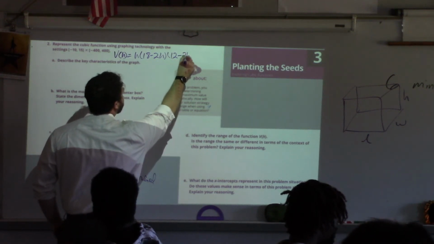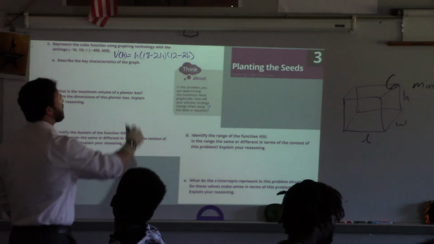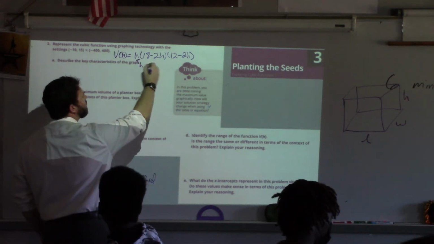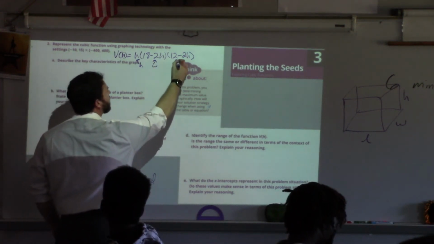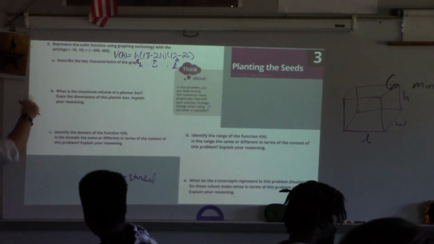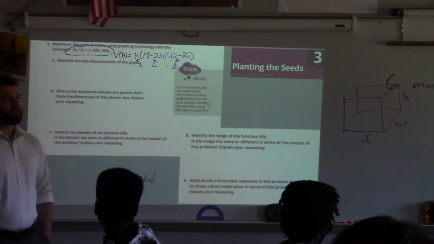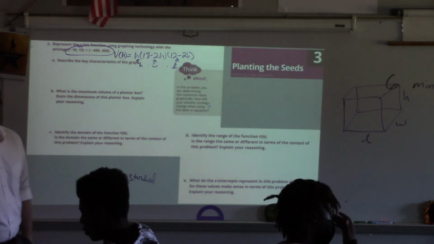Notice the order can go in any order. I think we did length, width, and height before. This is now height, width, and length. The order doesn't matter. But I want you to graph this using the window that they indicated, so make sure you change the window settings on your calculator.